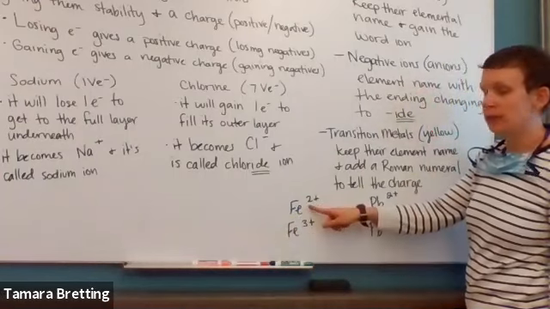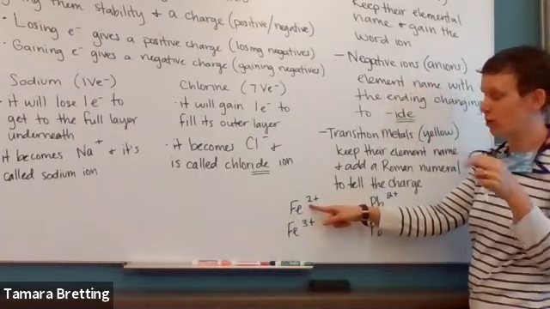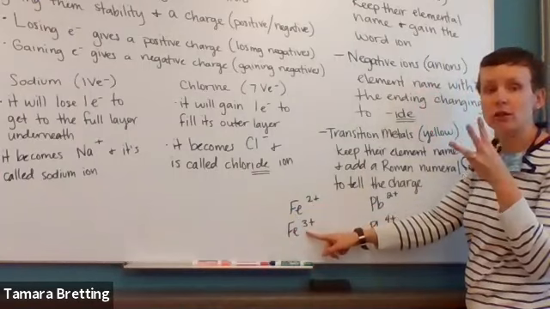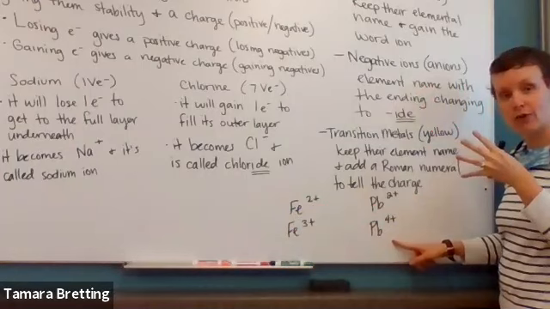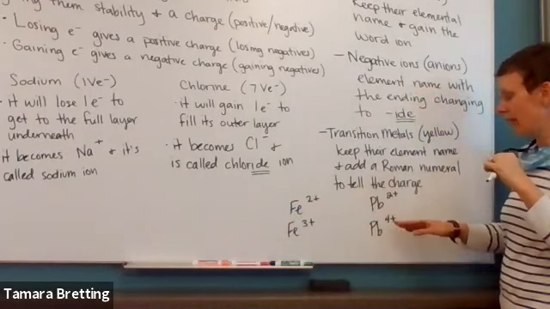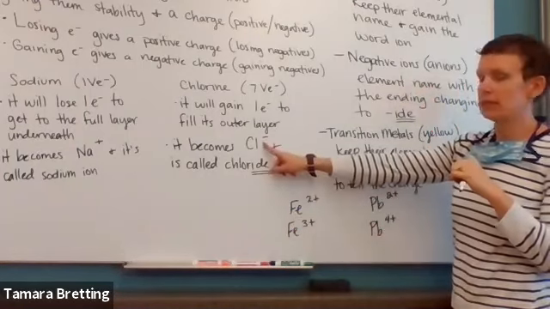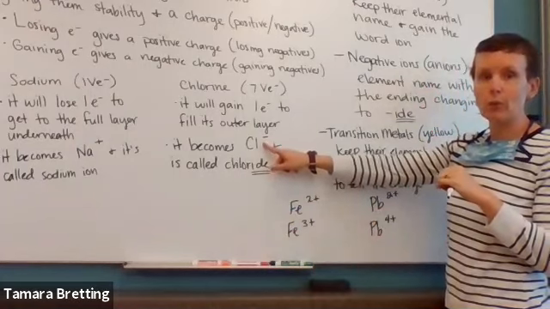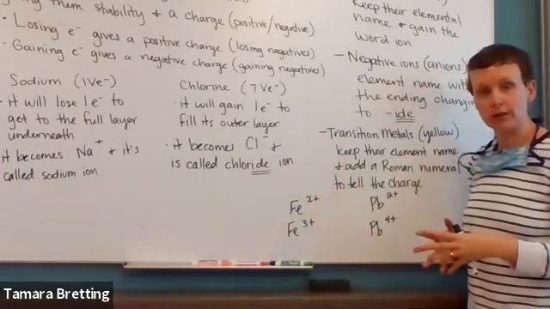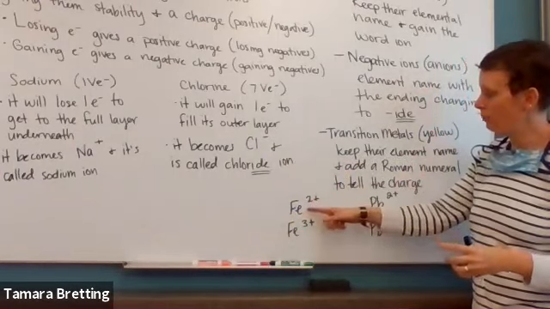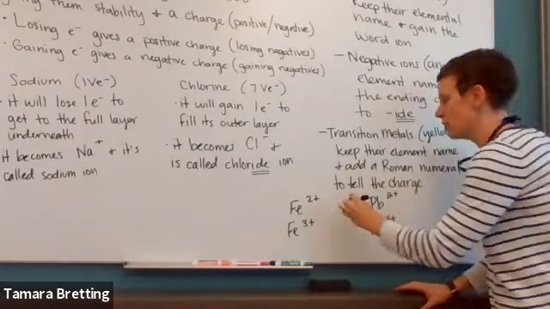Now, by the way, 2+ means it lost 2 electrons. 3+ means it lost 3 electrons. 4+ means it lost 4 electrons. So that's where those numbers come from. If you see something without a number, it's assumed to be a 1, but anytime it has a number, that's telling you how many electrons were gained or lost. So iron, when it loses 2, has a 2 positive charge.